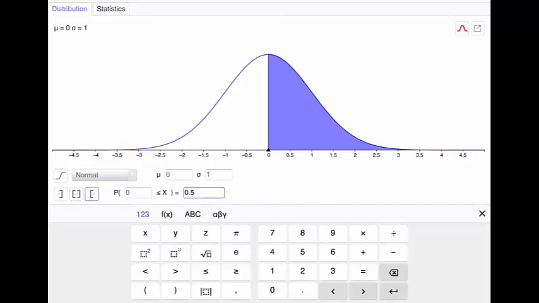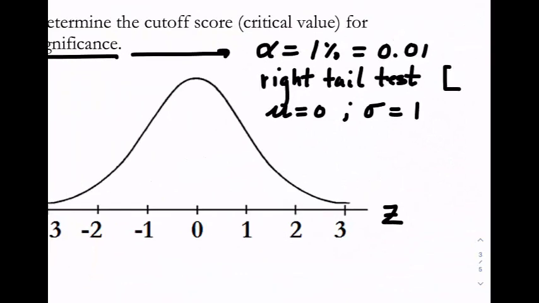Let's grab that right bracket there, placing in the 1%, 0.01, 2.3263. Again, 2.3263 is a cutoff point for significance. We want to be beyond that point to reject the claim.